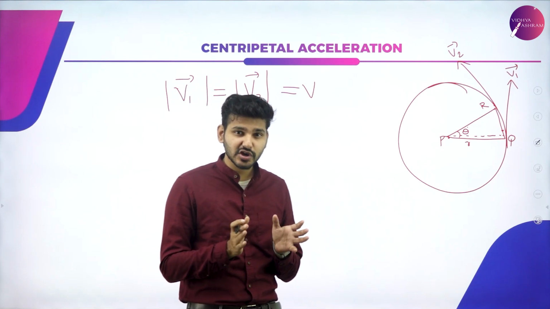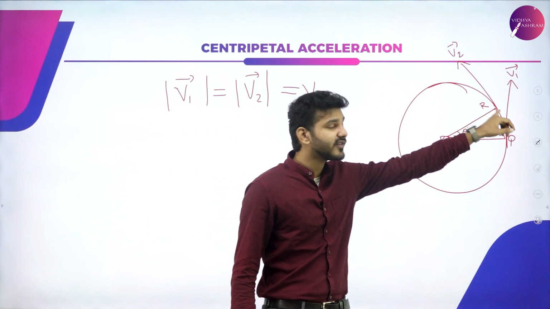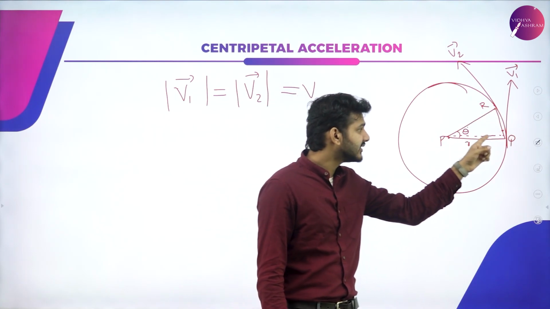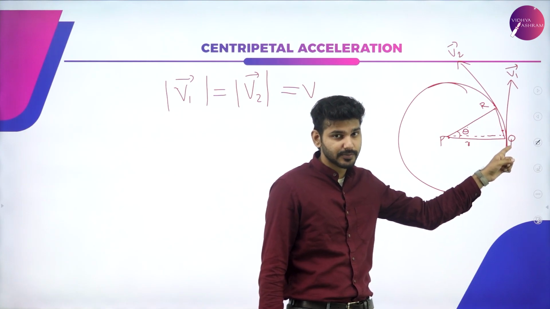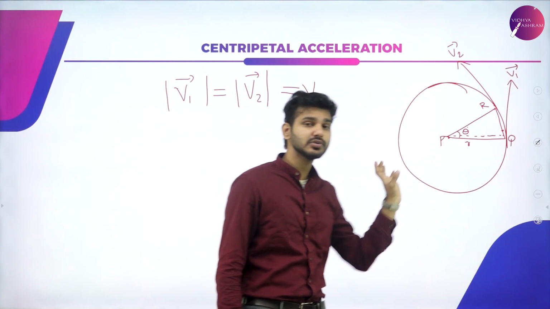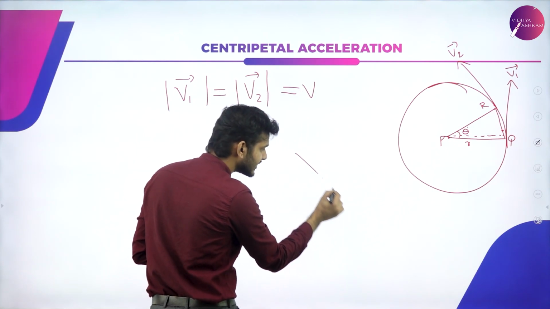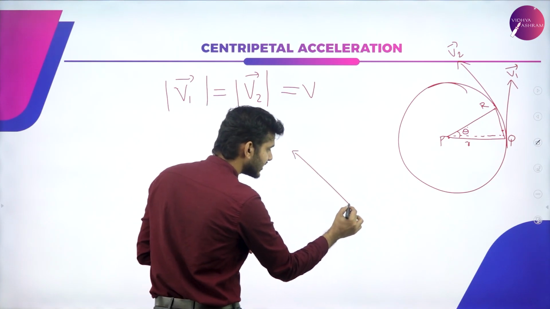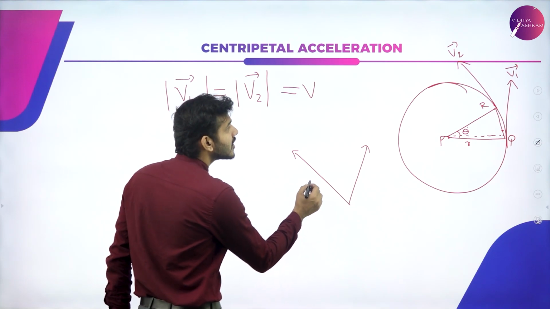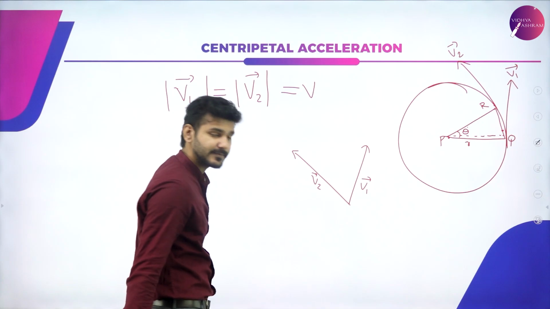I'm going to do something you have learned in your previous class, that is in class 10th. So we can say that there are two vectors here, or simply two tangents. This is a tangent at a particular point. This is another tangent at another point. I'm going to take these two tangents outside, so that there is one tangent like this and one tangent like this. So these two vectors, v2 and v1, are taken out like this.